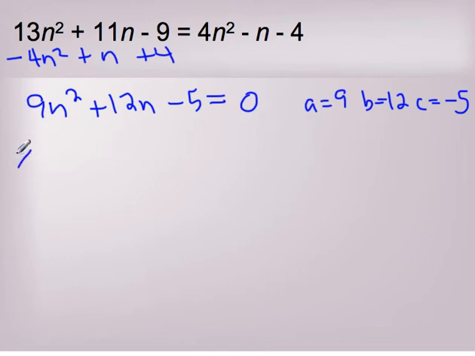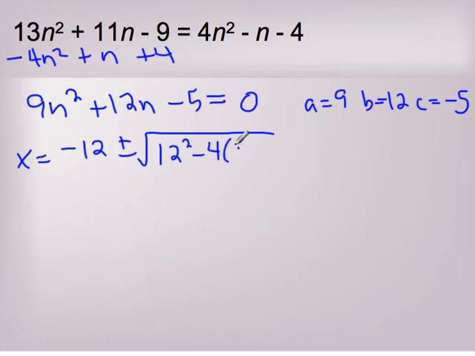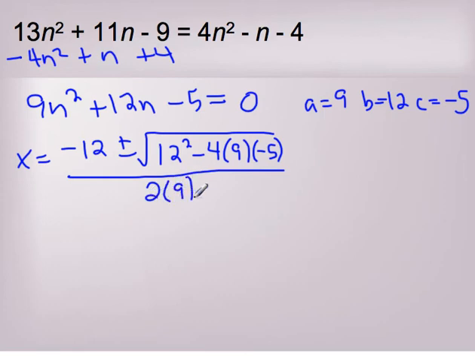Plug it in. x equals the opposite of b, negative 12, plus or minus the square root of 12 squared minus 4 times a is 9 times c is negative 5, all over 2 times 9.